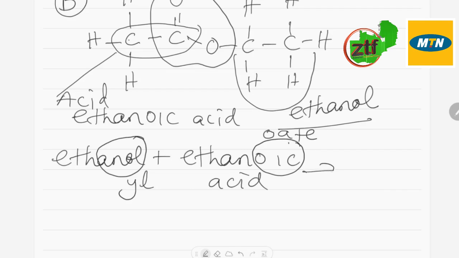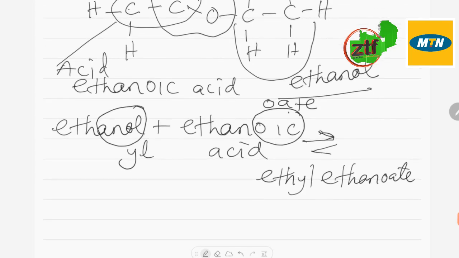So the reaction is reversible. These together, when they combine, form an ester which is known as ethyl ethanoate. So that is our compound B. Its name is ethyl ethanoate, an ester.